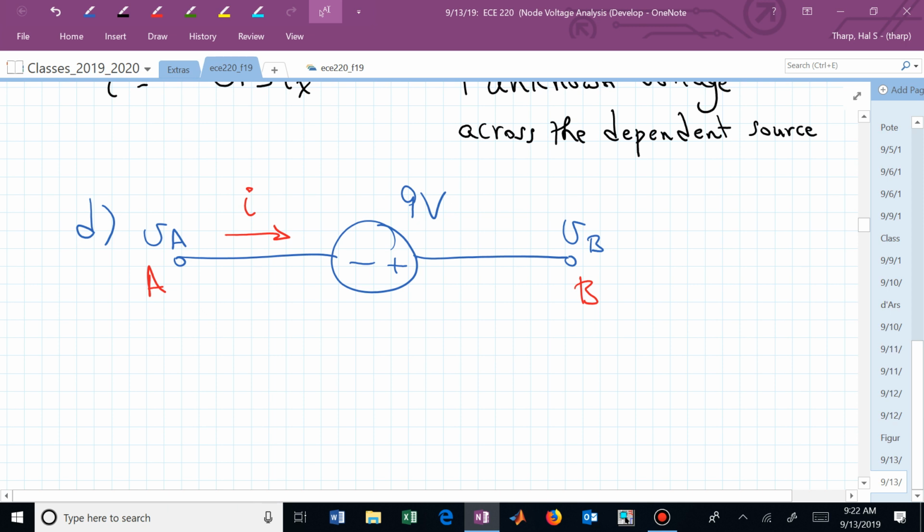You just turn them on and adjust them. And what is in that process of adjusting? It's always going to be that 9-volt battery between A and B. It's going to maintain 9 volts no matter what.